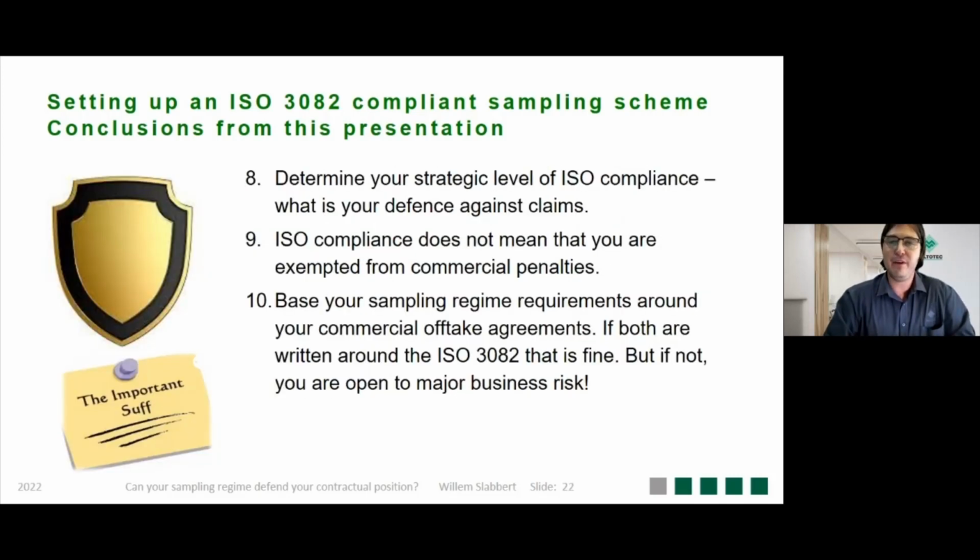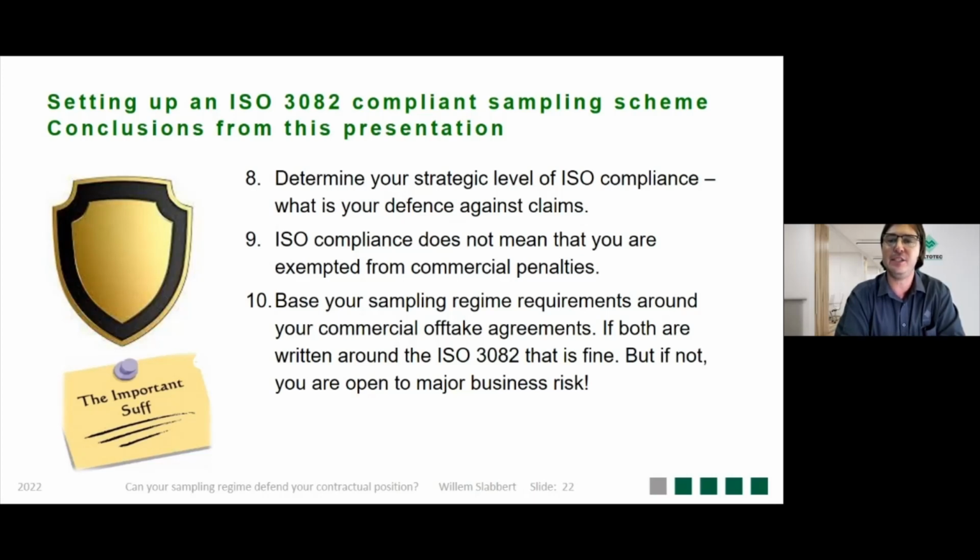It is therefore very important for you as a client and a supplier or buyer of iron ore to determine your strategic level of ISO compliance, to put you in a position to defend against contractual claims. ISO 3082 compliance on one or even all of the elements provided does not necessarily mean that you are exempted from commercial penalties.